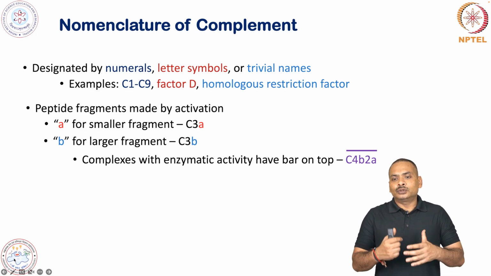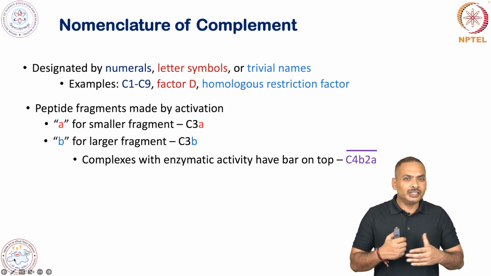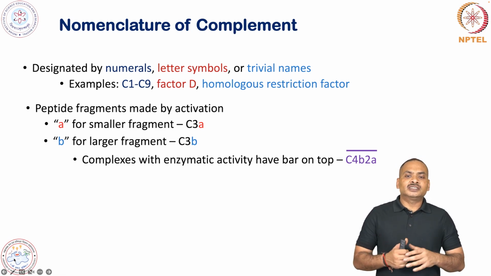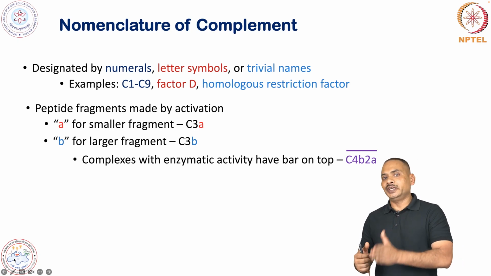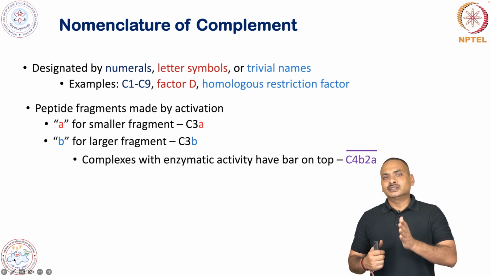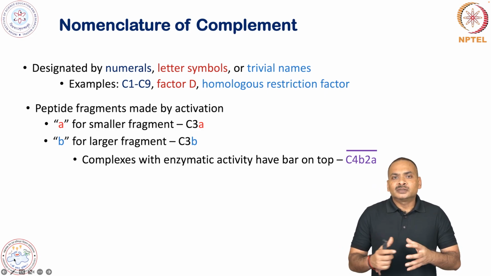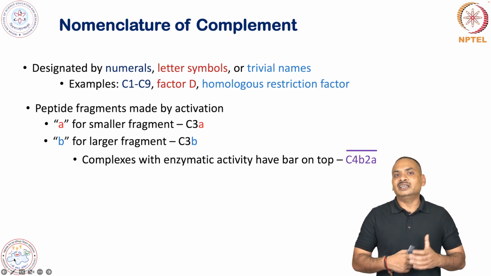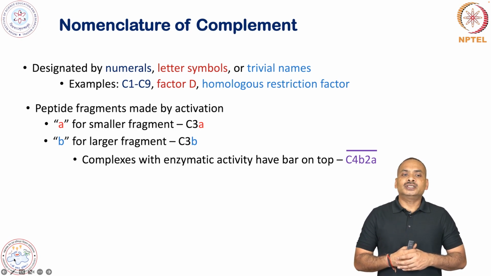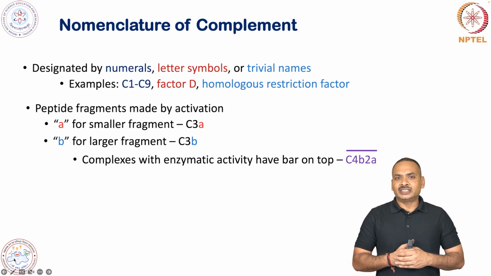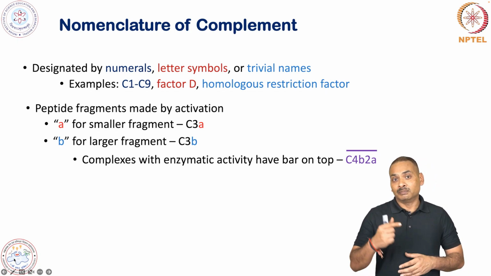So this C4b2a protein complex is formed by complement C4b and complement C2a. This makes a complex, and when this complex is formed, it gains the enzymatic activity. Okay, and when the complex gains the enzymatic activity, this is denoted by a bar.